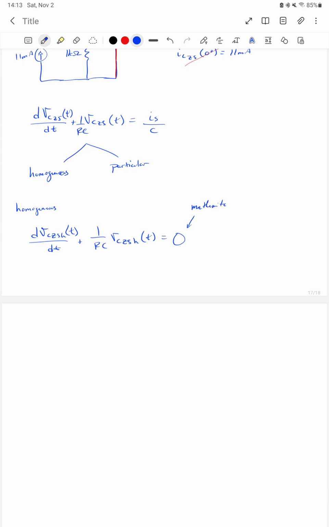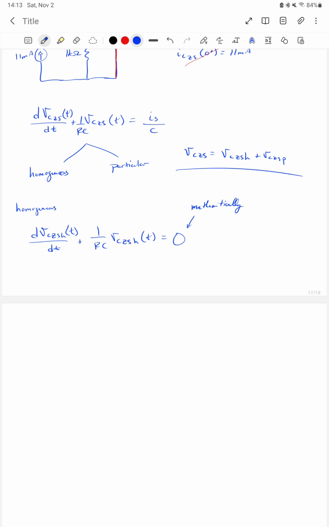And that's important because this is 1/2 of a solution. You are not going to plug in your initial conditions until you have VC is equal to VC homogeneous plus VC particular. You cannot plug in your initial conditions until you have that entire function. Okay? So this is a mathematical 0, not necessarily because of the circuit.